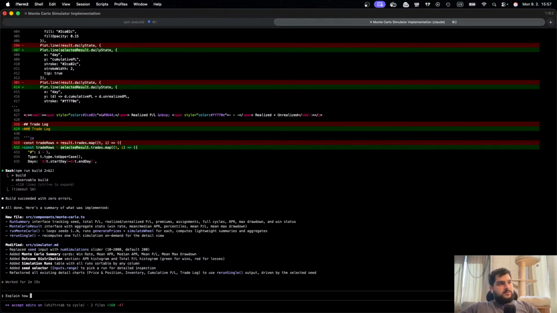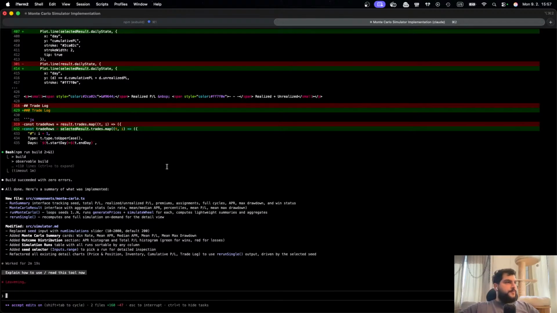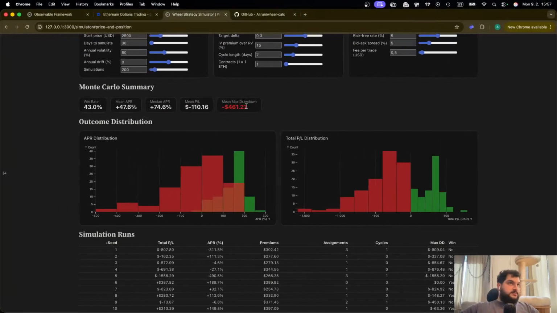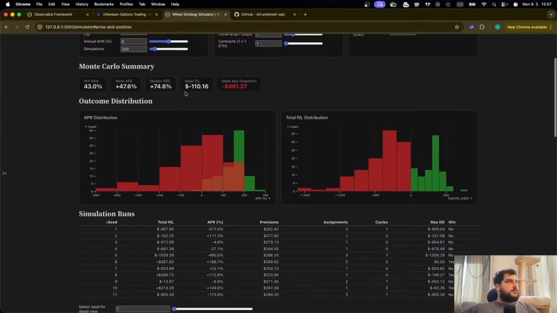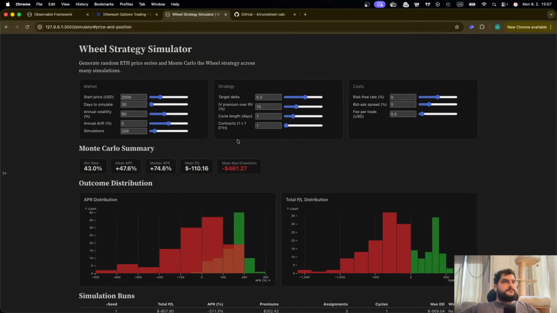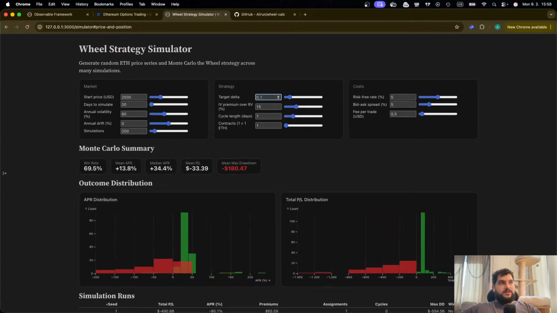Explain how to read this tool now. Let's just ask it. It will be easier. So you can see we have a win rate of 43% here. Let's take a look. If we just change delta to 0.1, then we have a win rate of like 70%.